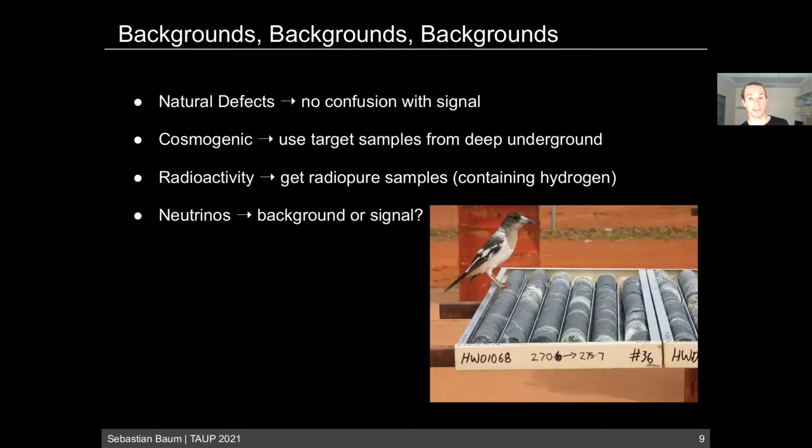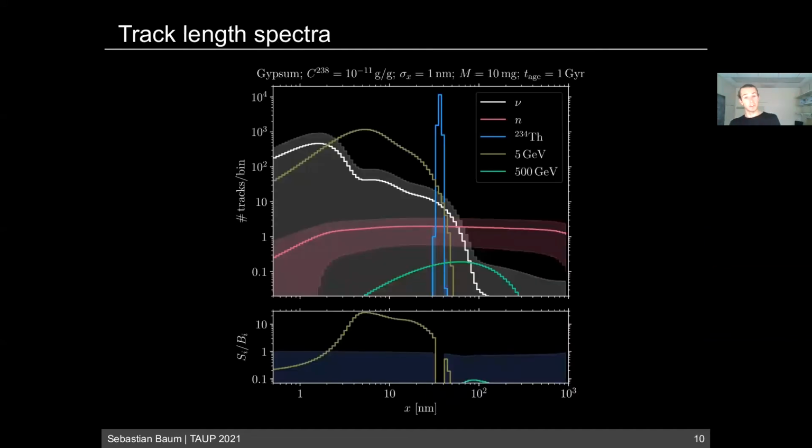And luckily, Earth has provided us radiopure samples, although unfortunately I don't have time to go into this in detail. Finally, there are neutrino-induced backgrounds, and there's not much you can do about this, right? There's no way we can shield neutrinos, so in the end, you just have to live with them. We've done a lot of careful studies of these backgrounds, and in the end, you just go and compute them. You try to reduce them as much as you can, and then you compute what the residual background spectra look like.